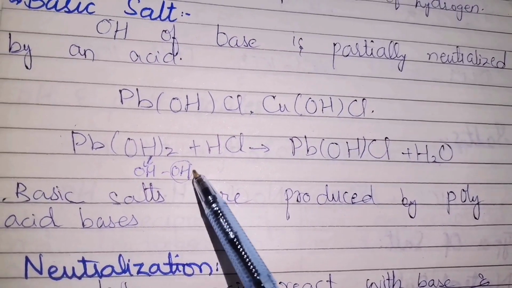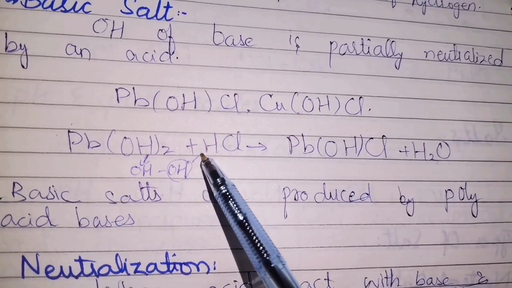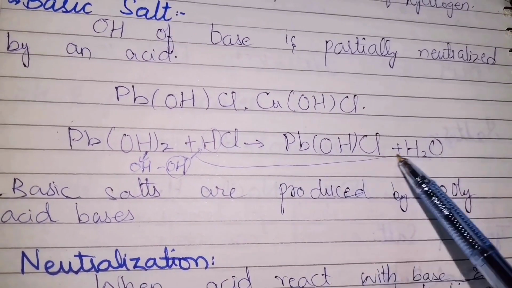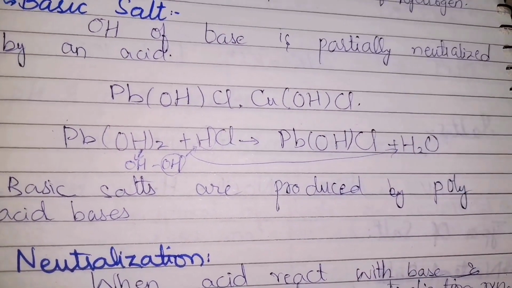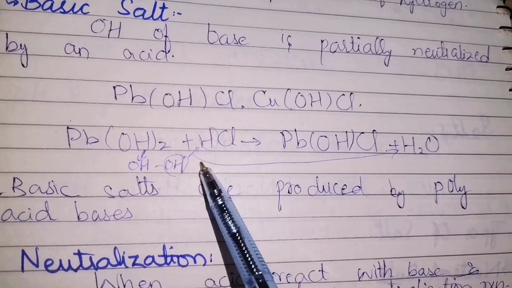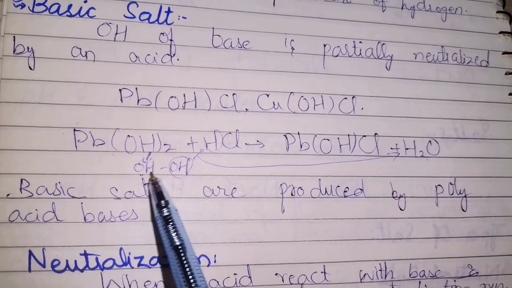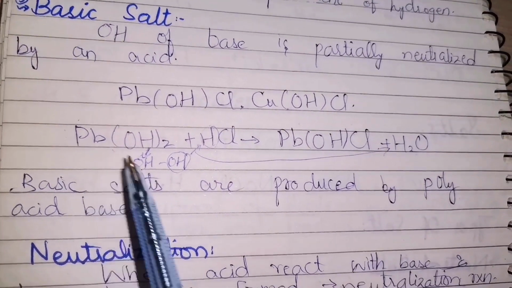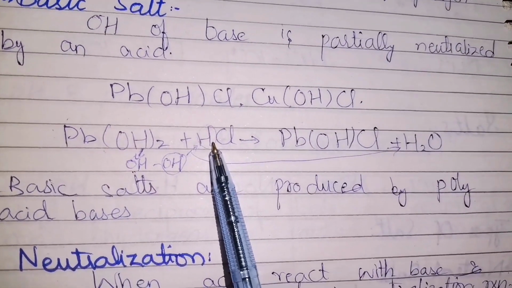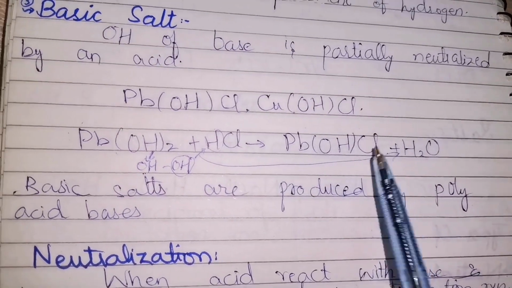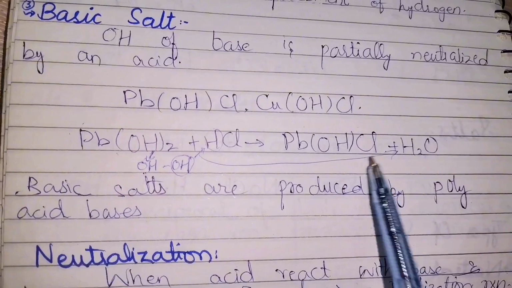So this one OH will react with this hydrogen, and as a result water will be formed. Okay, water will be produced as a result of this reaction. One OH will stay over here. So now this PbOH will combine with Cl and form PbOHCl. Right? I hope you understood this.